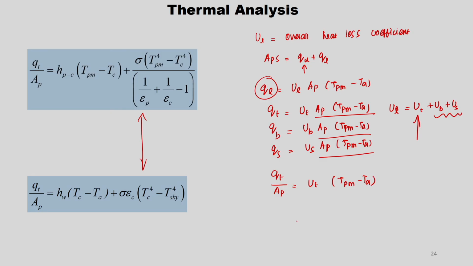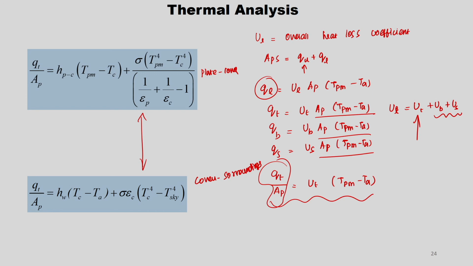In the same way you can calculate UB and US as well. First we are going to see this one. I need to calculate all the losses from plate to cover and cover to surroundings.